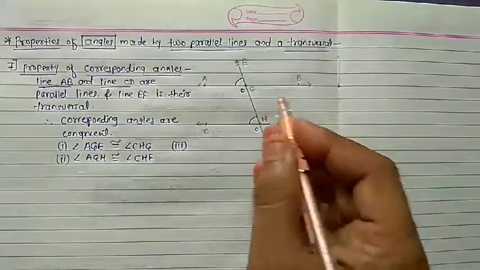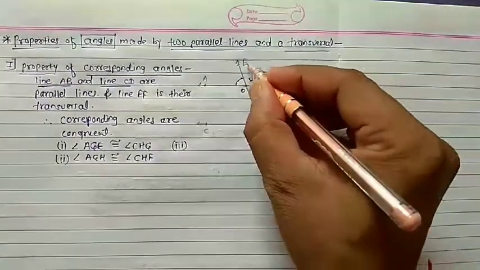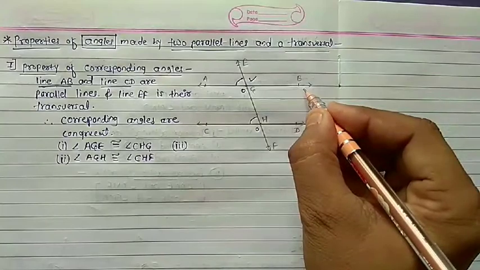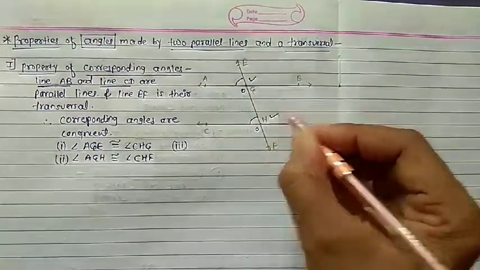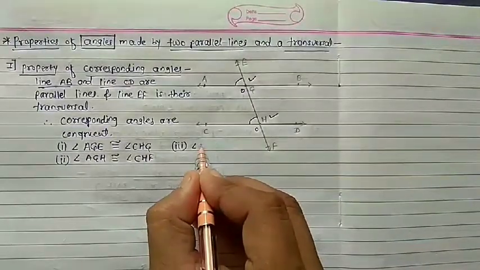Now the third pair, to the other side of the transversal: angle EGB is congruent to angle GHD. This is the third pair.